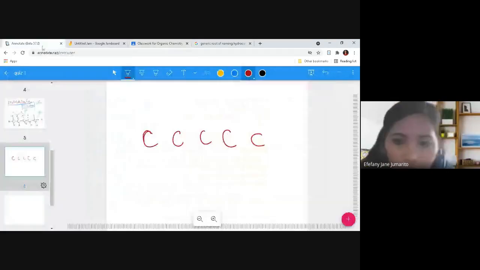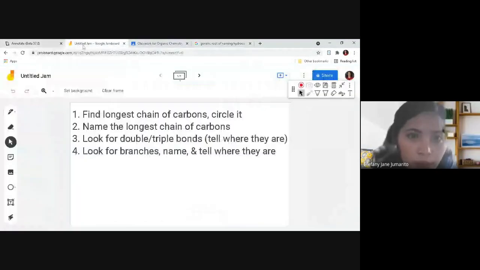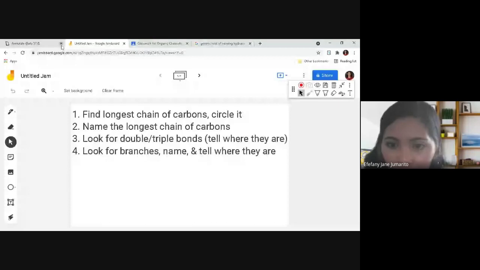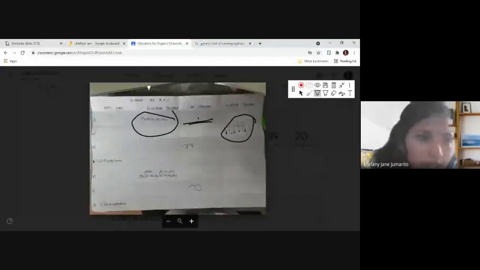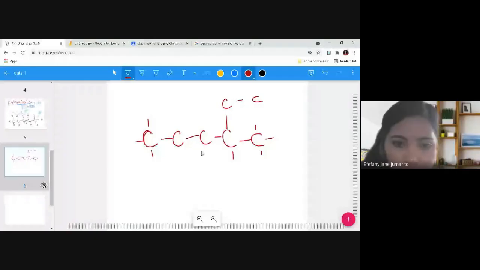Then we have another carbon here. Then we will write, since there is no other alkyl group, okay, so let's write H. Okay, when you write the complete structure, do you do it like this too?